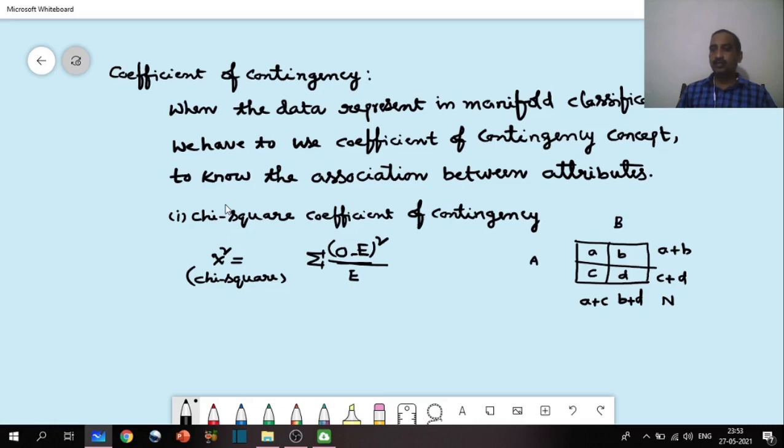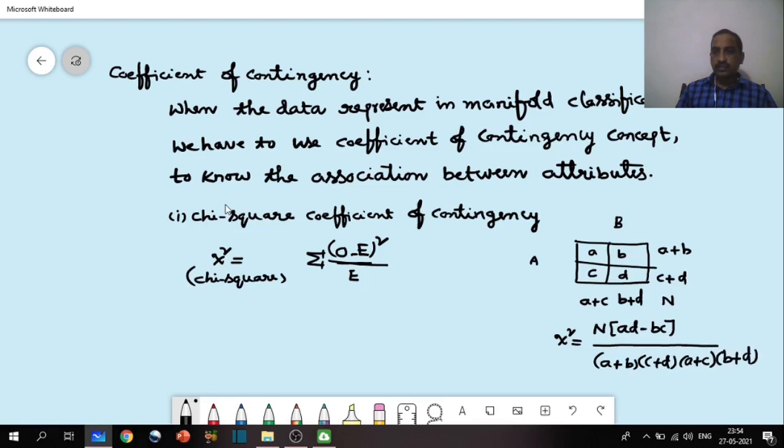In such a 2 by 2 contingency table, the chi-square value is calculated as N into AD minus BC whole square by A plus B into C plus D into A plus C into B plus D.